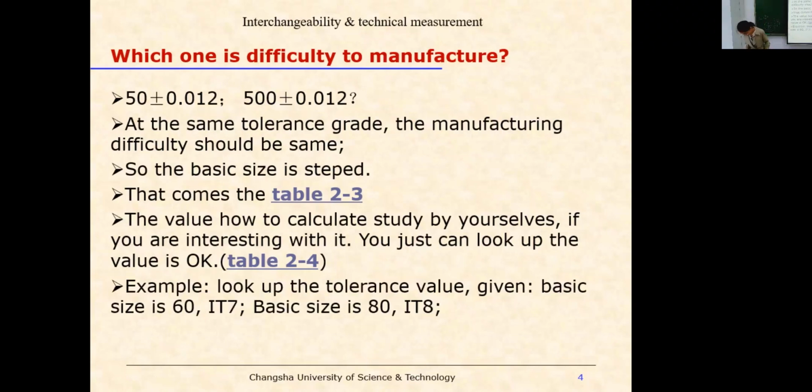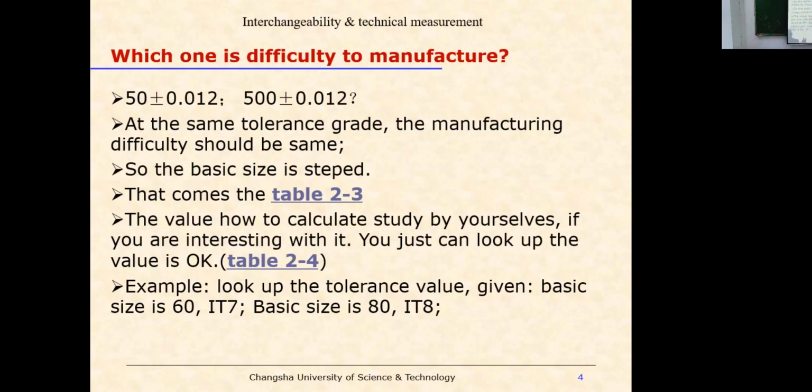And another one: IT8. 46. Yes, 46. So everyone knows how to find the table.